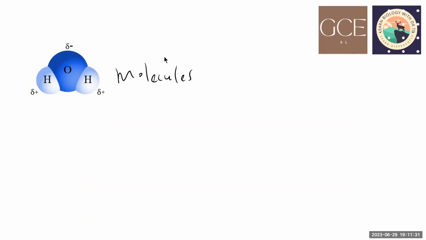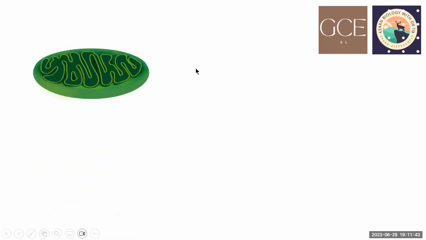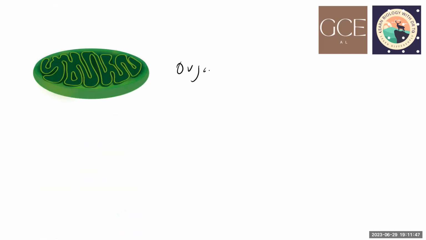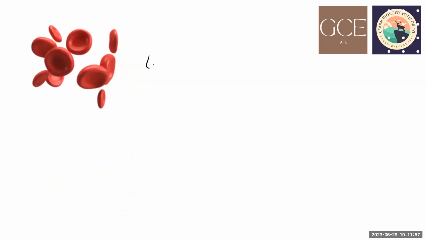Then large molecules join together, carbohydrate, lipid, proteins, water, these kinds of molecules join together to make structures called organelles. Example, mitochondria. Mitochondria is inside the cell. And then organelles collect together to make the cells.